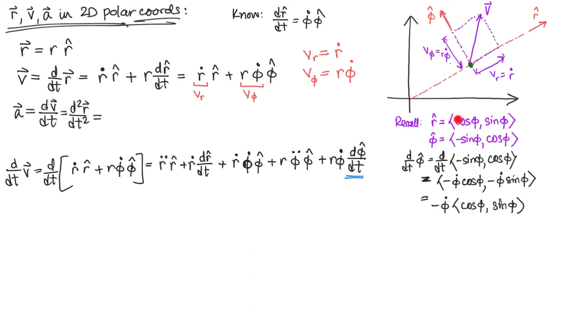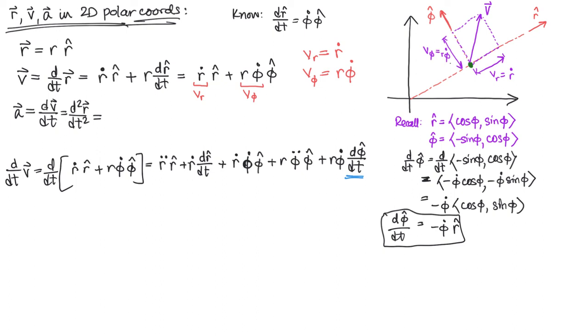But that is exactly the r hat direction. So look at that, how beautiful. We have an expression for the time derivative of the phi hat vector, and it is anti-parallel to the r hat direction.